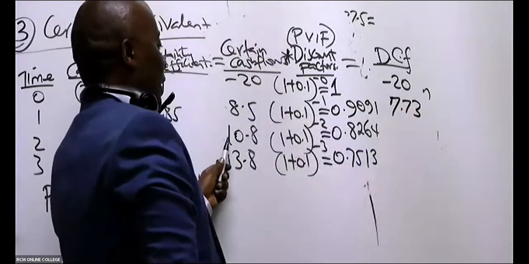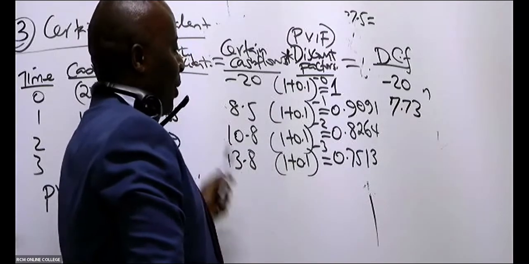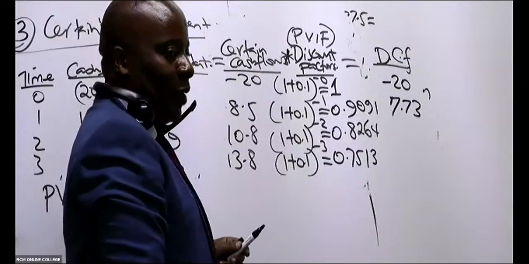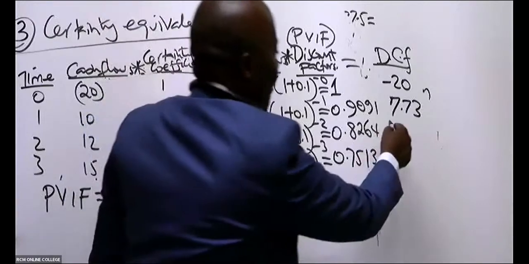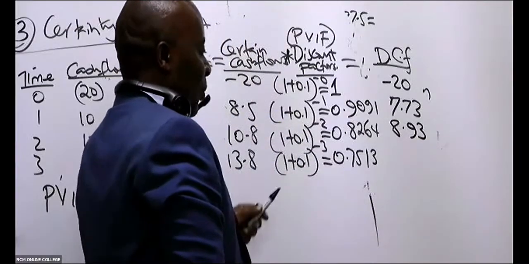Thank you. Then 10.8 times 0.8264 will end up giving me 8.93. Then lastly, we have 13.8 times 0.7513.